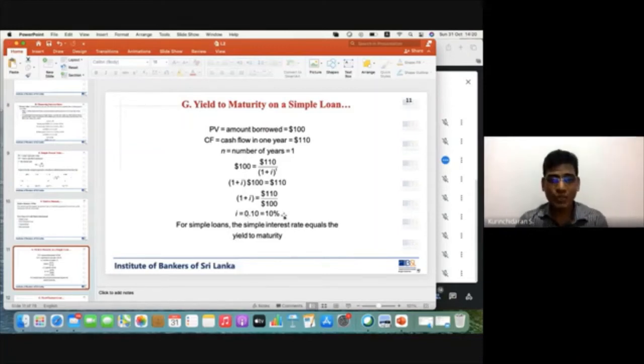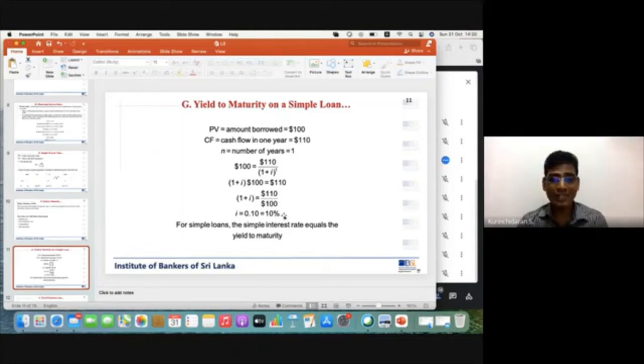So your yield to maturity is 10%, right? It seems there is no difference between yield to maturity and interest rate. Yes, of course, from the simple loan perspective, the interest rate equals the yield to maturity, right?